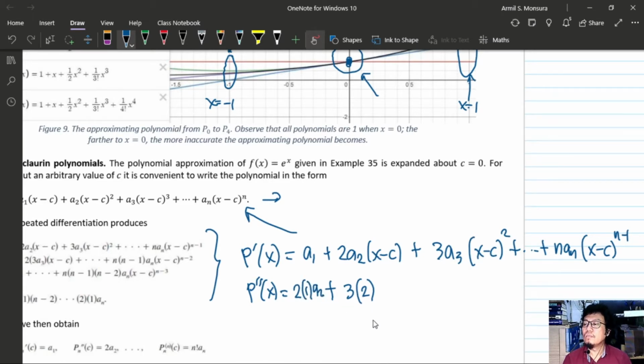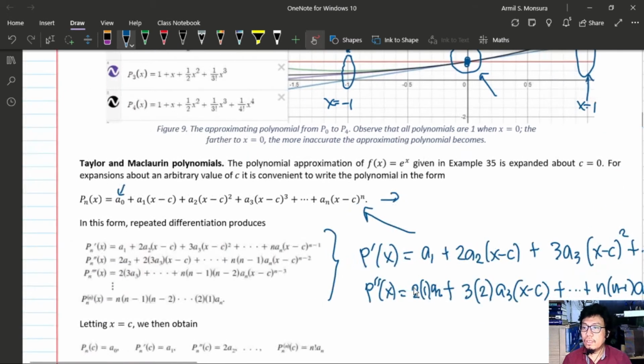Then we have 3 times 2 multiplied to a3 times (x minus c) raised to 1. And as you can see here, the last term is n multiplied to n minus 1 times a sub n, multiplied to (x minus c) raised to n minus 2. So that's the second derivative.